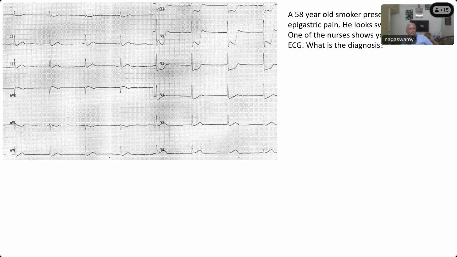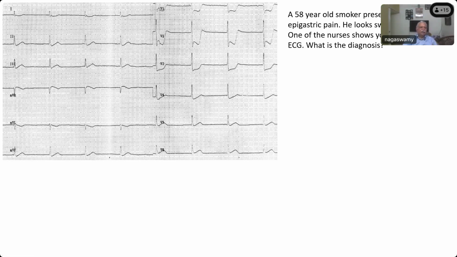Is the rate normal? Bradycardia. Severe bradycardia. What is the rate exactly? If you are able to see these large squares, around 7. So 300 divided by 7 is almost about 40.